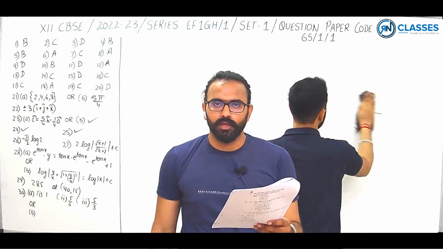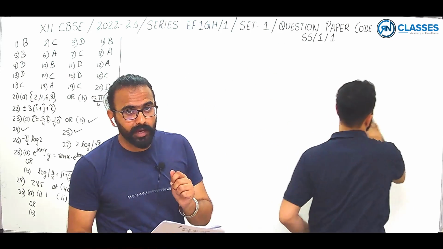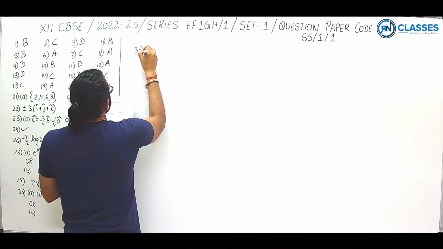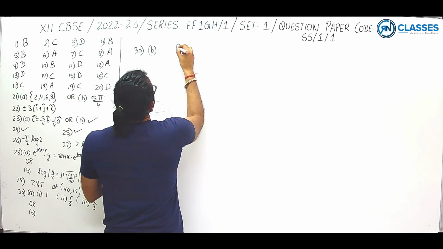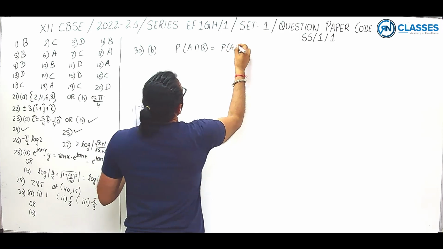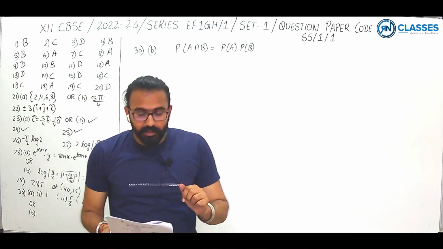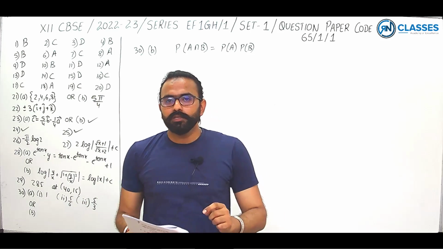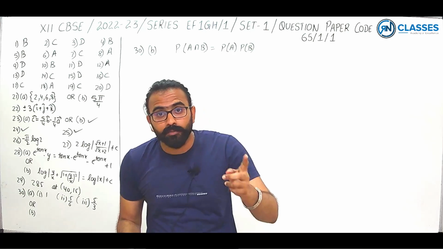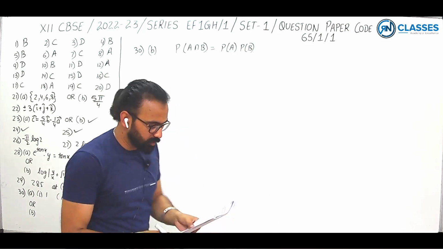Find the probability of A as well as the probability of B. Since we are given that A and B are independent events, it means the probability of A intersection B must be equal to the probability of A into the probability of B. And we also know that since A and B are independent, A complement and B are also independent, A and B complement are also independent, A complement and B complement are also independent.